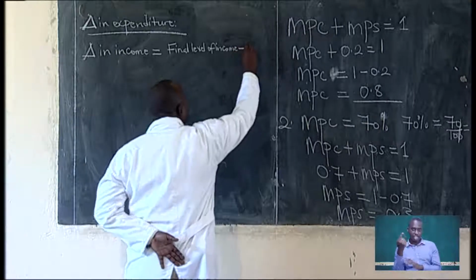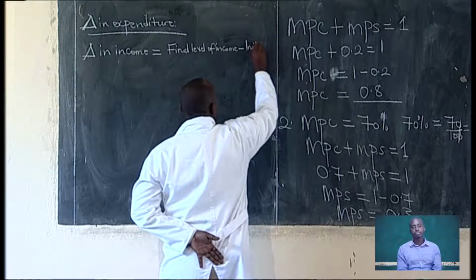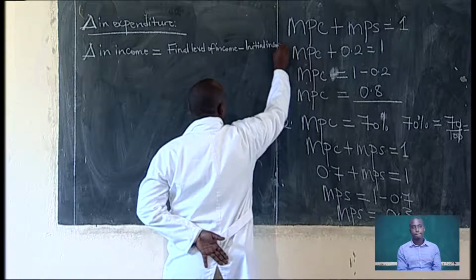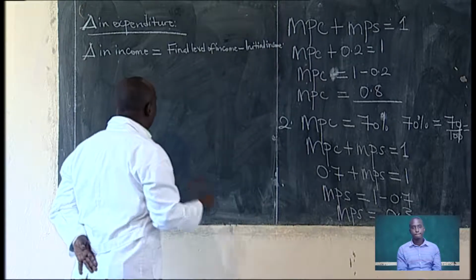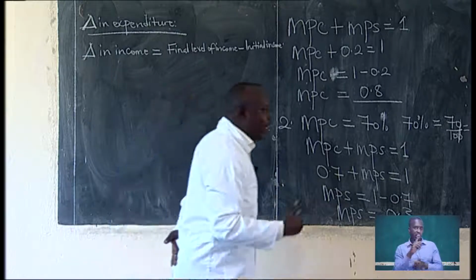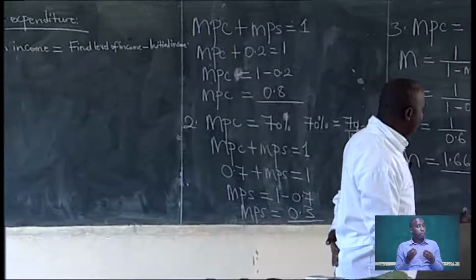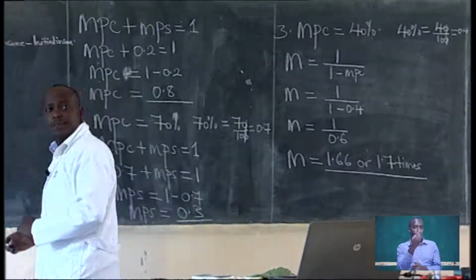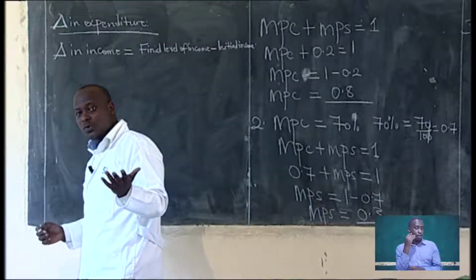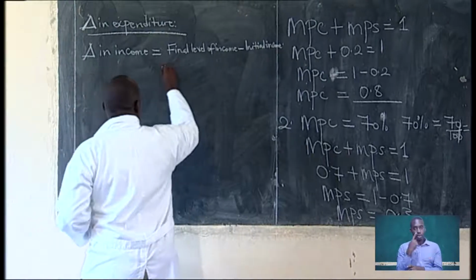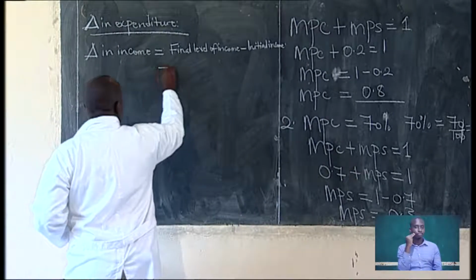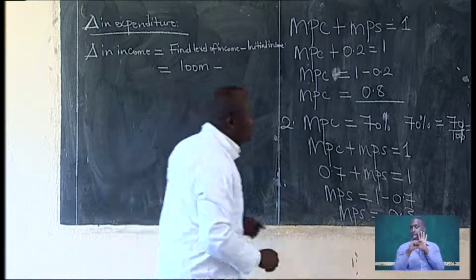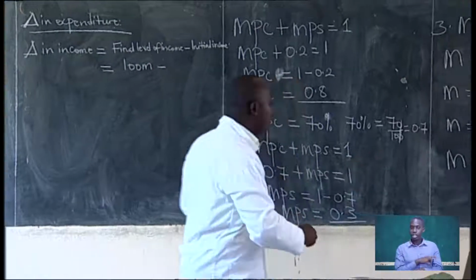We are given the final level of income in the question, which is 100 million, and the initial income is 60 million.